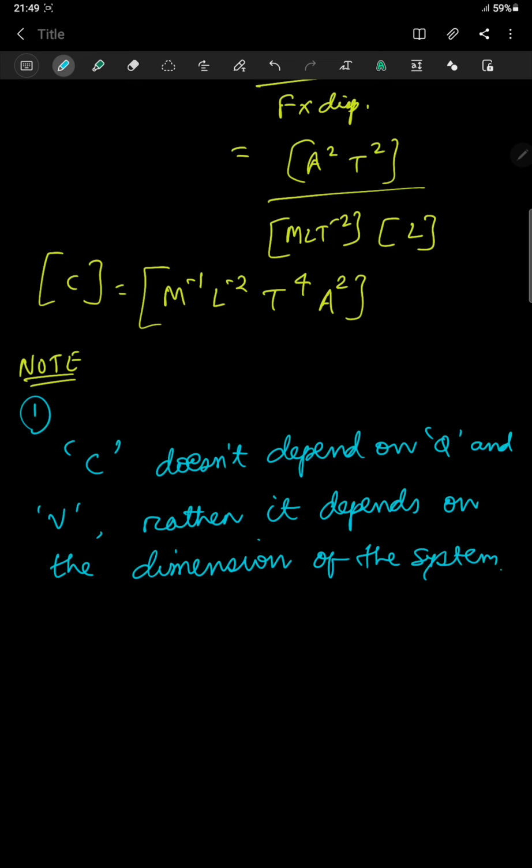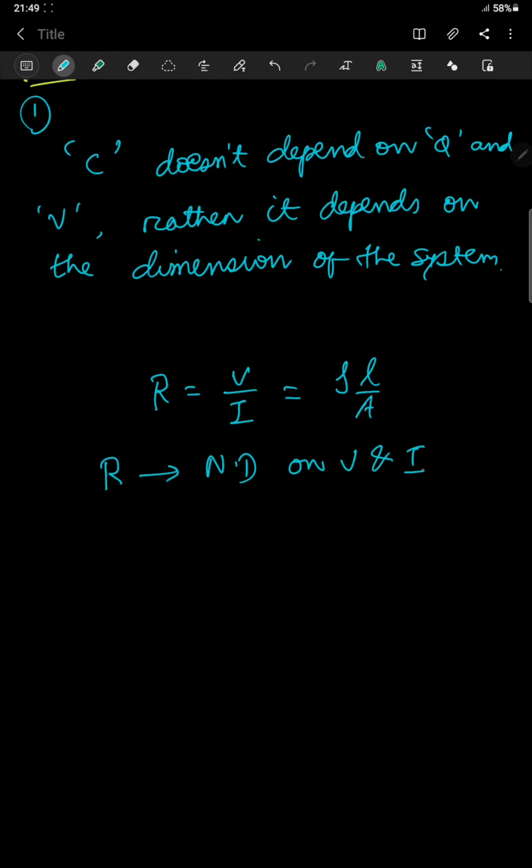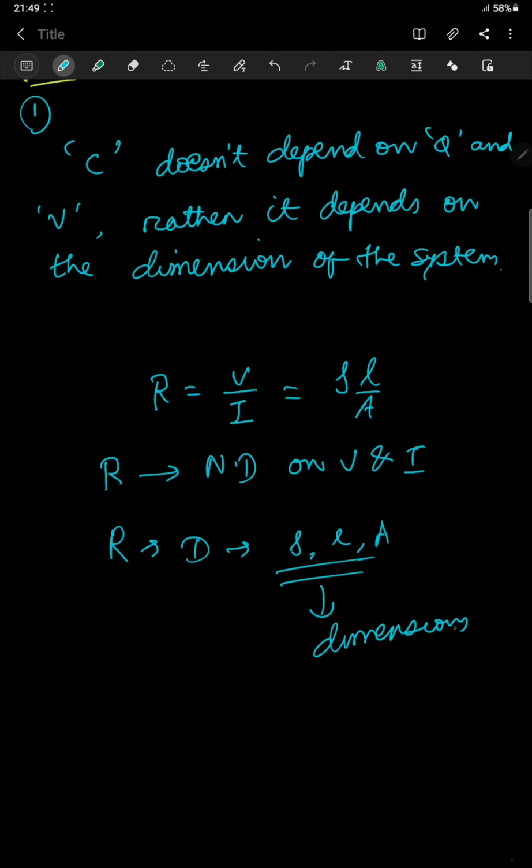In order to explain this point, I will give an example. In class 10th you must have studied that resistance is V by I, which is also equal to rho L by A, where rho is resistivity. Okay, so it is very well known that R does not depend on V and I. So it depends on what? R depends on whom? Rho, L and A. And these are nothing but the dimensions of the system.